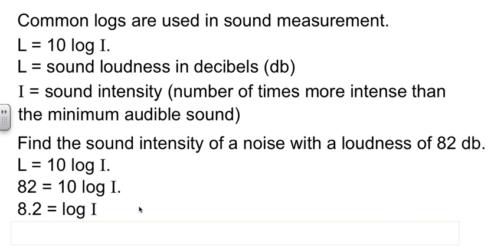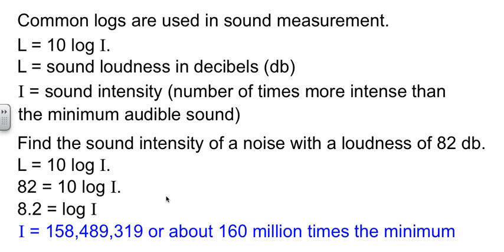That will be a second log or a shift log. If you inverse log 8.2, you get this crazy answer, like 158 million and change. Time we do a little rounding. The intensity level is 160 million times the softest sound you can hear. And that's just 82 decibels.